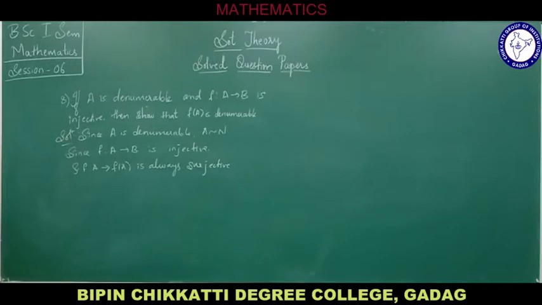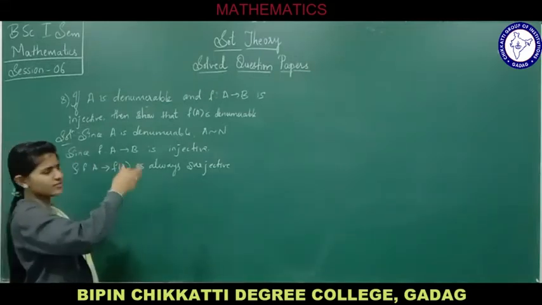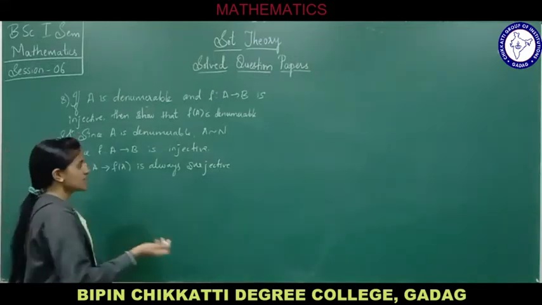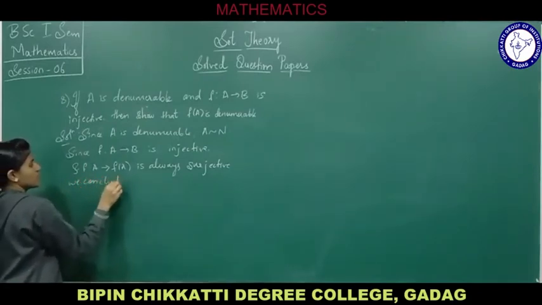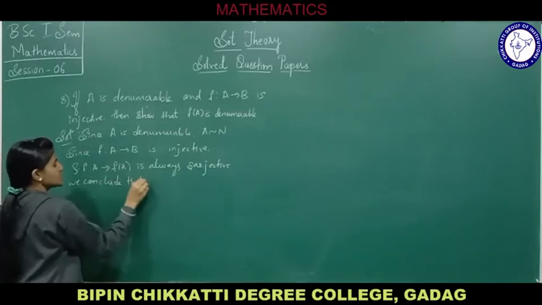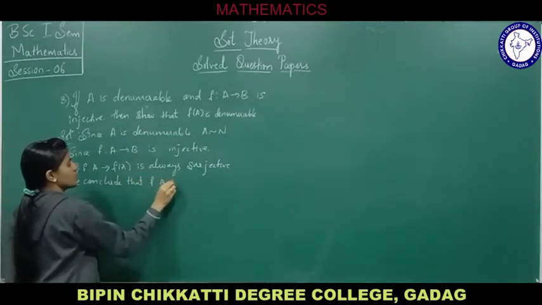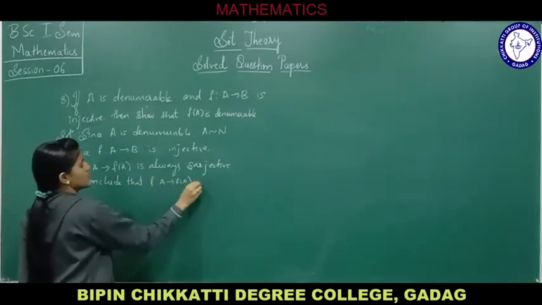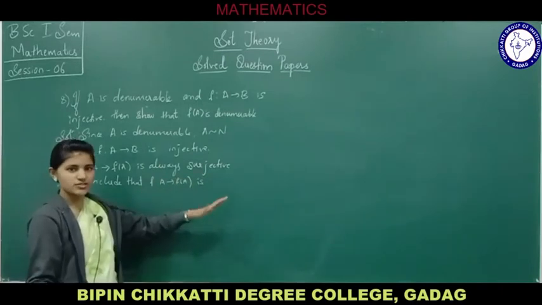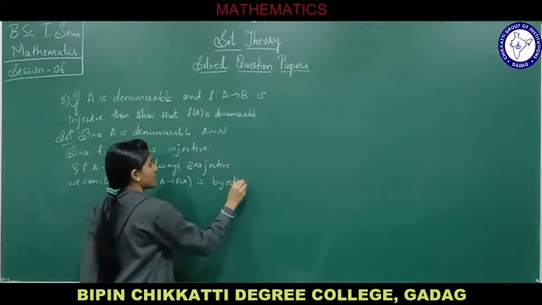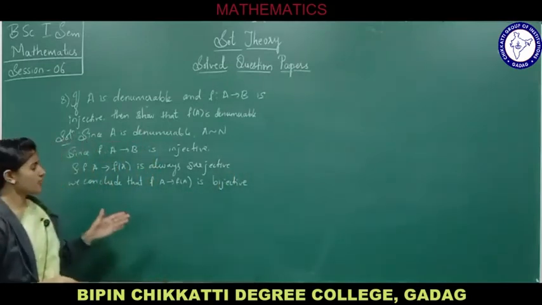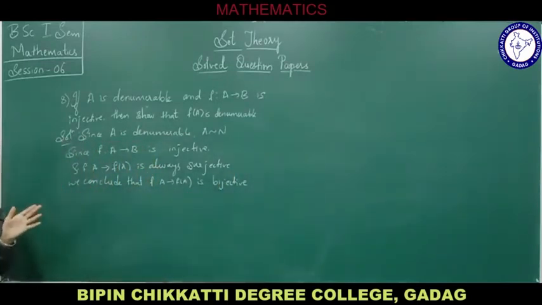We conclude that it is injective as well as surjective, that is, bijective. Then f from A to f of A is bijective.